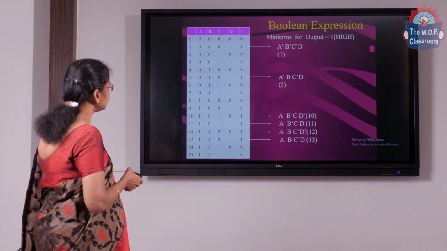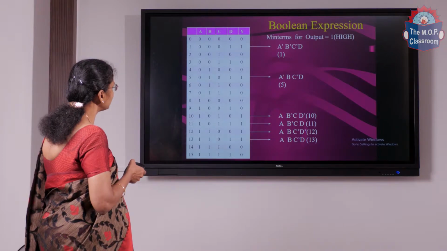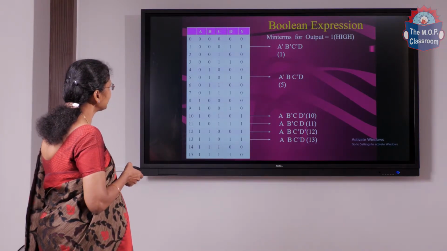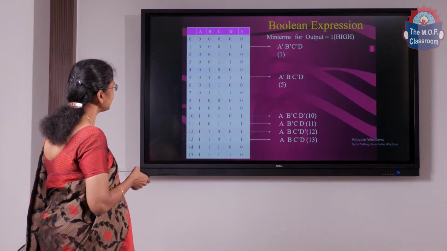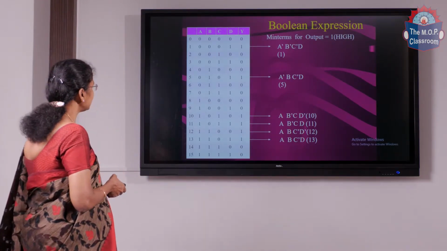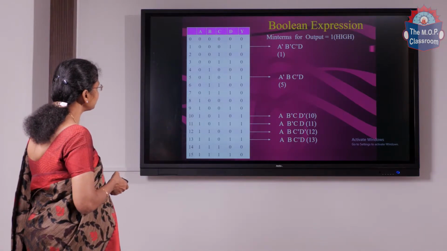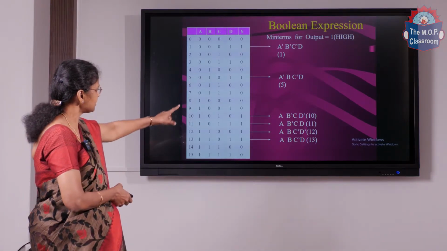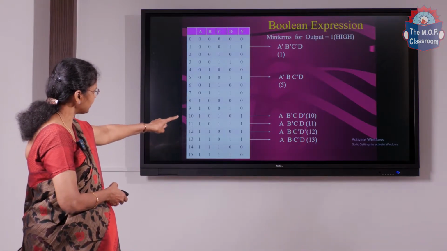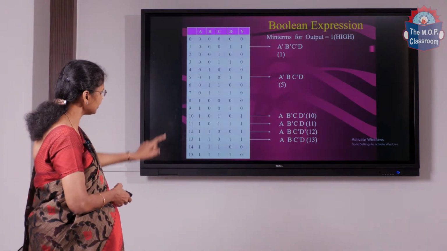A, B and C have the value 0, so we have A prime, B prime, C prime, that is the complemented form, and D takes the value 1, so it is the uncomplemented form. Similarly, the next minterm for which the output is high is A prime, B, C prime, D. And similarly, we have the other minterms for which the output is high.